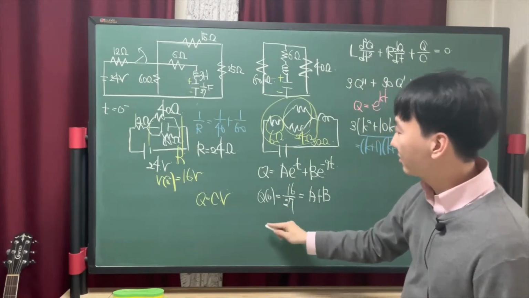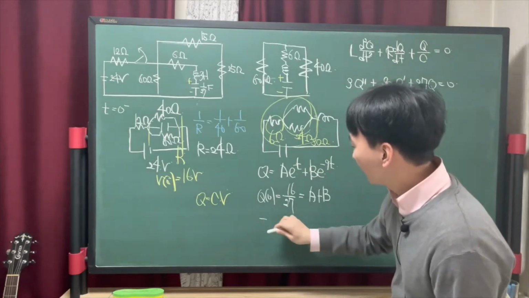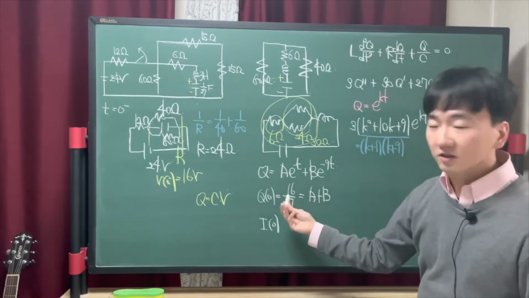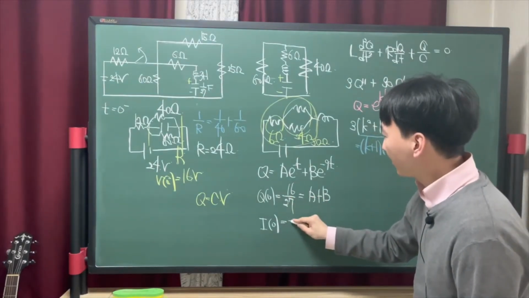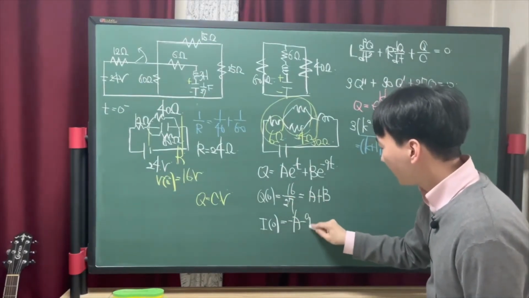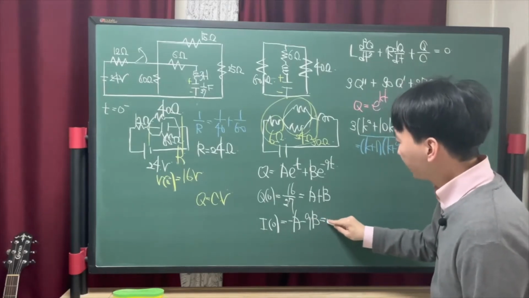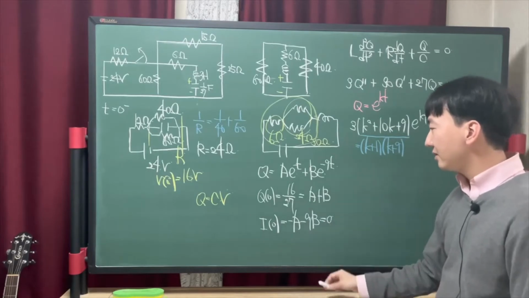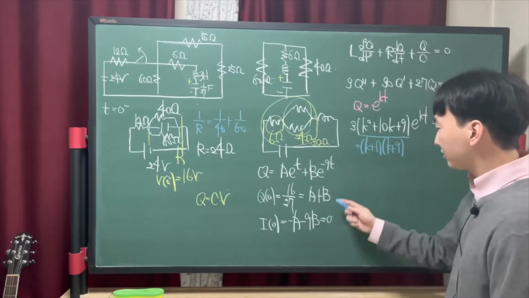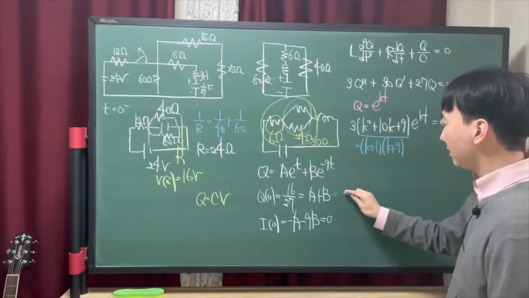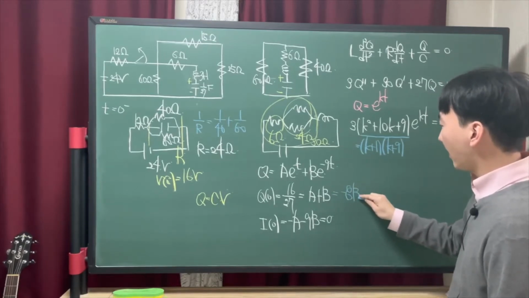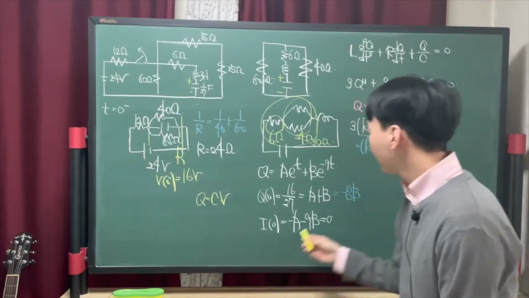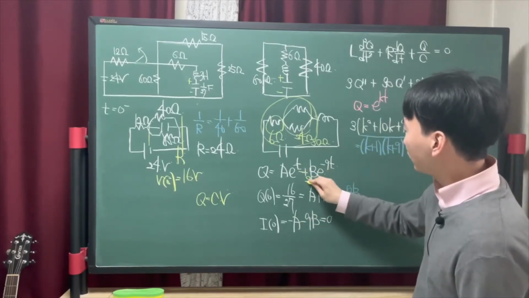And the current is differentiating this, and minus a minus 9b is 0. So a is minus 9b, and we can substitute minus 8b to get b is minus 27a.